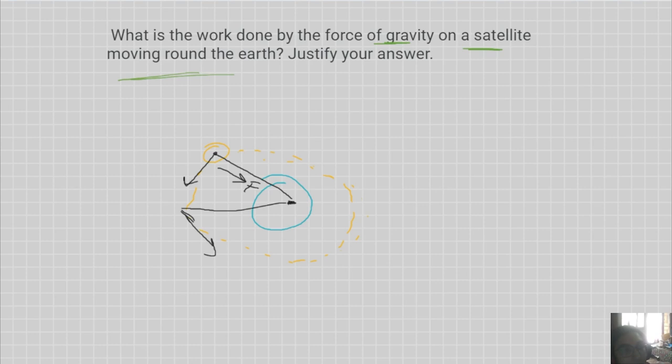What you can gather from here is that the angle formed between the force and the displacement at every position on the elliptical path is 90 degrees. Even if it does not look so in the diagram, trust me, it is, because the displacement is sort of a tangential path.